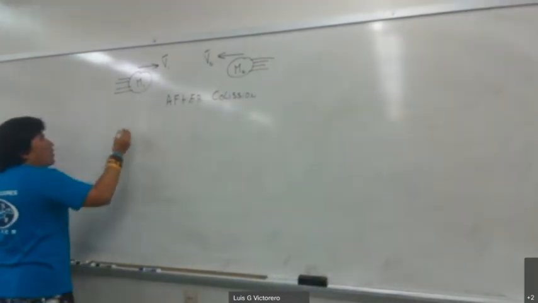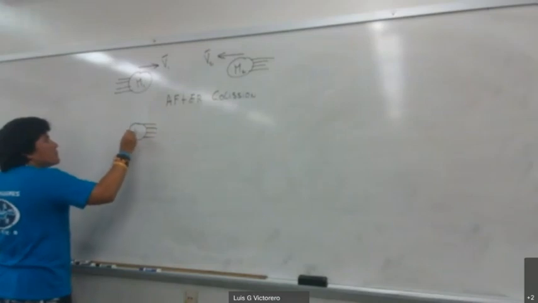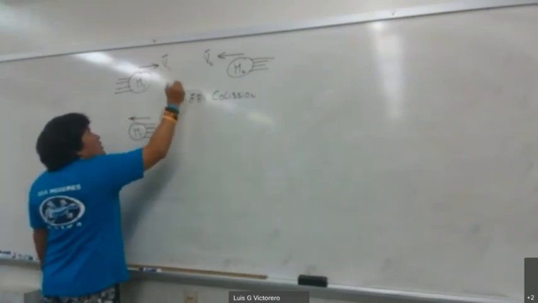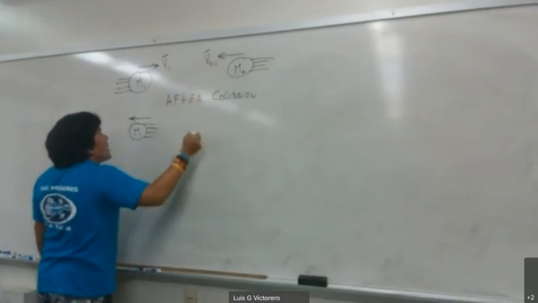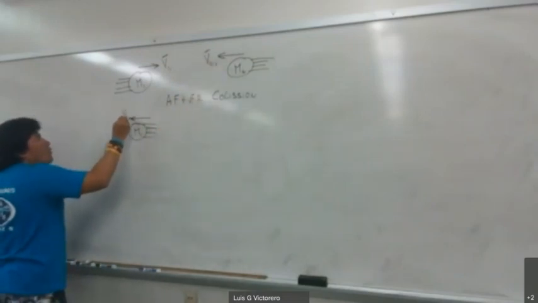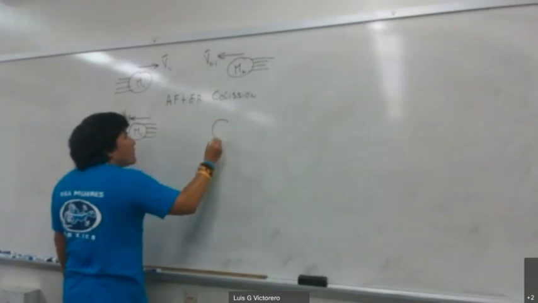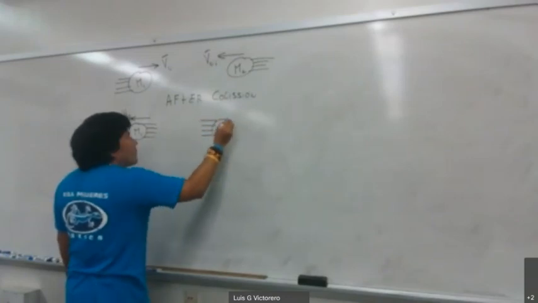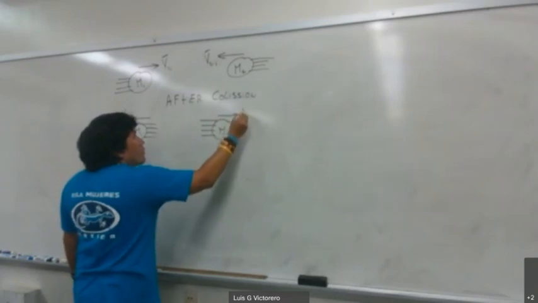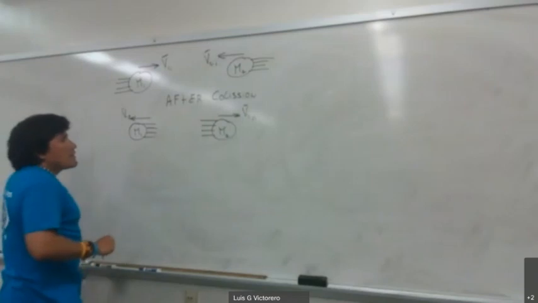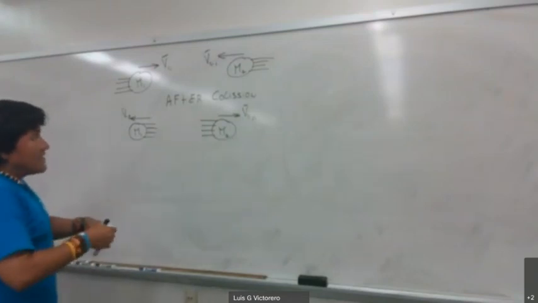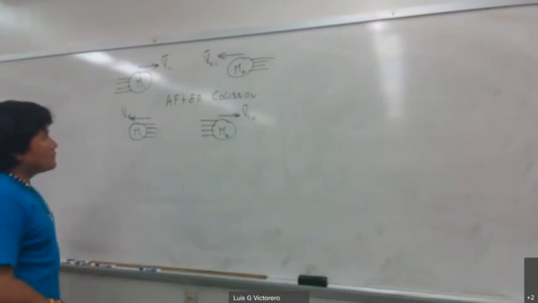Now, after the collision, V1 initial, V2 initial, V1 final, V2 final. And it's elastic, right?